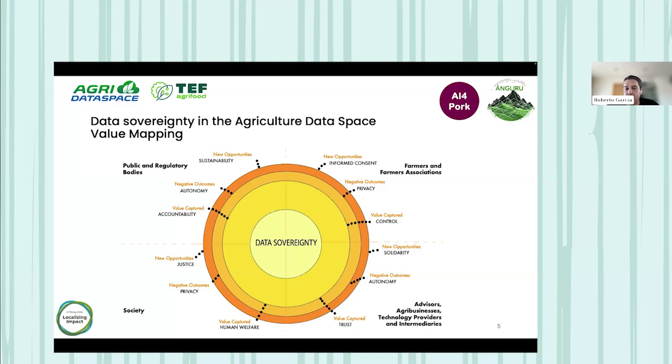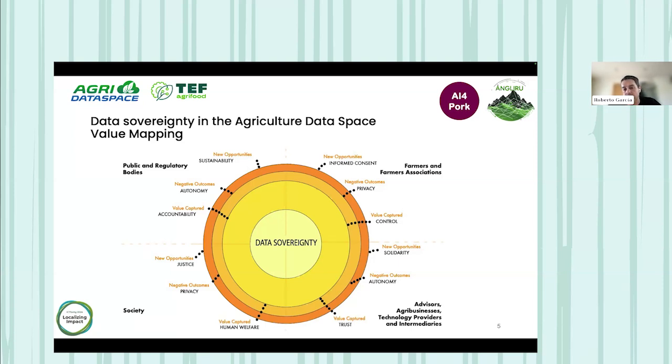In the case of farmers and farmers associations, it is the control. They perceive they are now in control. The negative impacts are also considered in this case. One might be that privacy cannot be guaranteed completely, as more data is shared, at some point just by the aggregation of data.